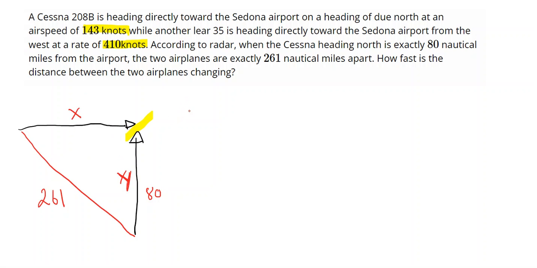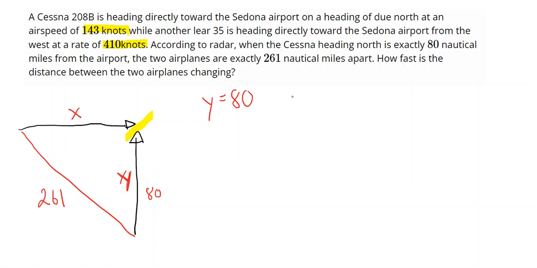And so now let's identify what information we have. If the Cessna is 80 miles from the airport, and this is a distance Y, we can say that Y is equal to 80. Now the rate at which Y is changing is the airspeed of the airplane.